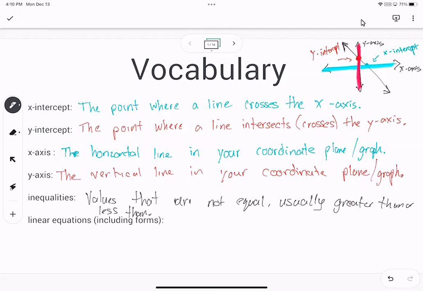So that's when we see the signs like greater than, we have less than, we have greater than or equal to, less than or equal to, we have not equal to. So these are some of the inequality signs you might see.